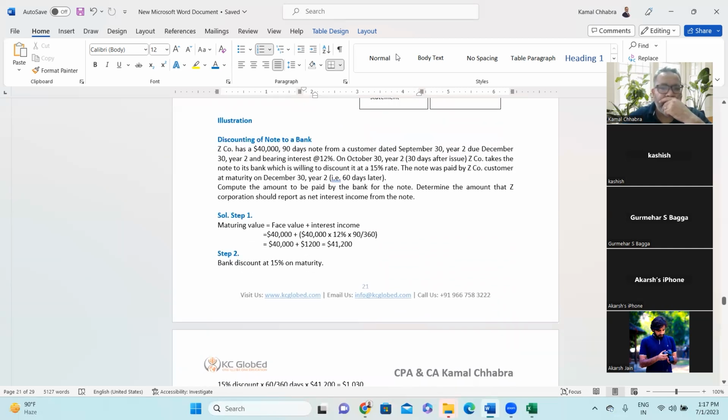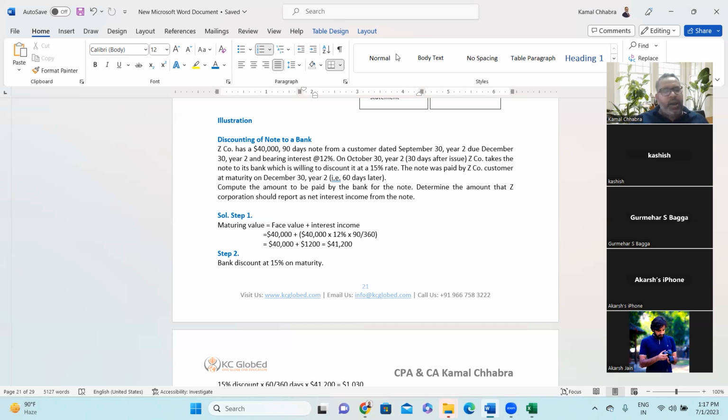Discounting of note to a bank. Z company has a $40,000 90 days note from customer dated September 30th, year 2, due on December 30th, year 2. So they have issued the note of $40,000 on 30th September, which is due on 30th December, and it bears an interest rate of 12%.